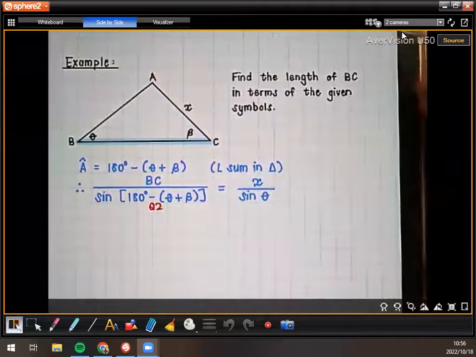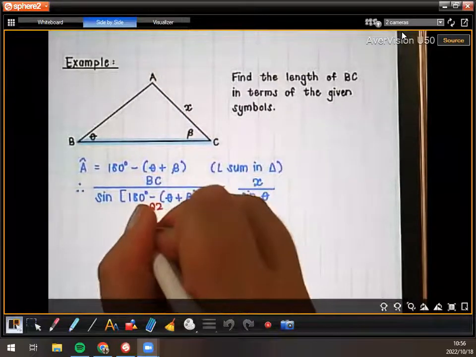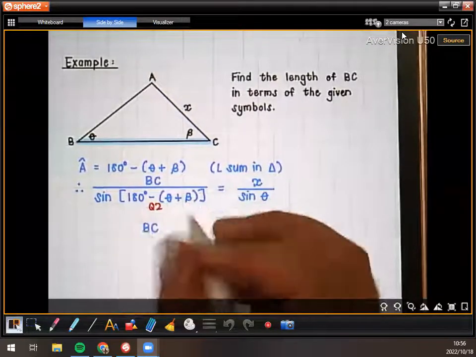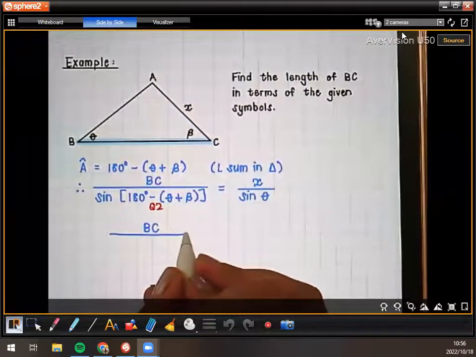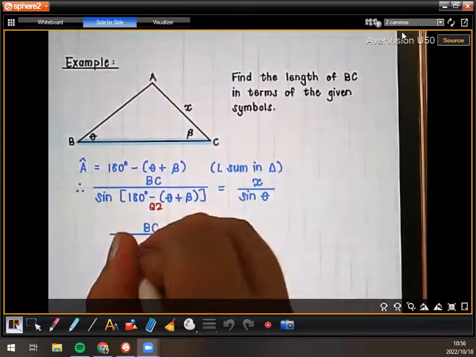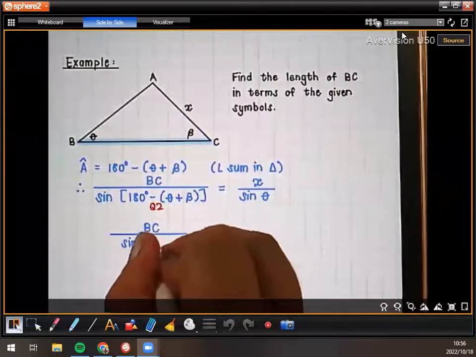Okay, so now in the next line, I'm just going to rewrite this as BC over sine of now just the bracket.